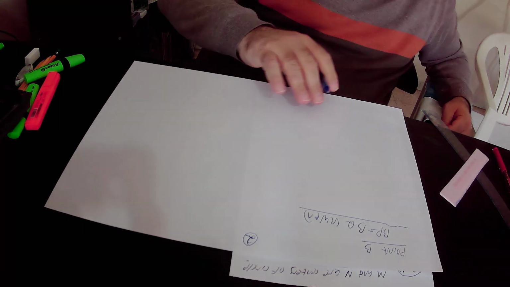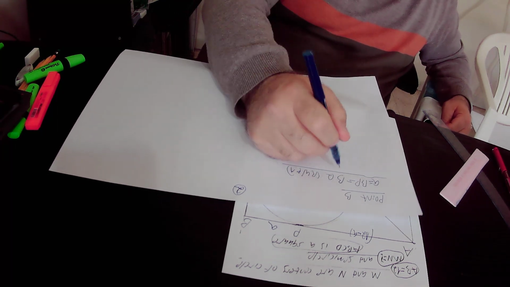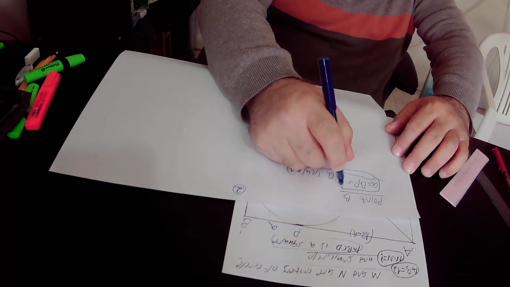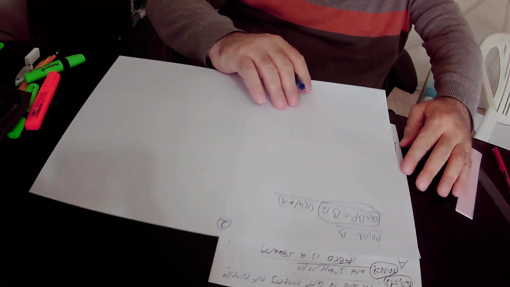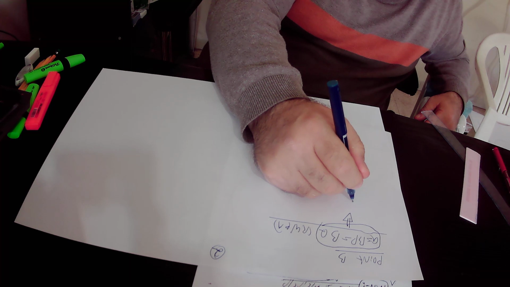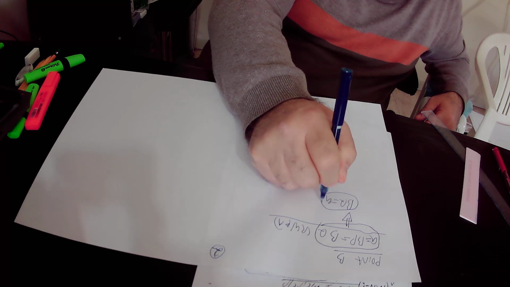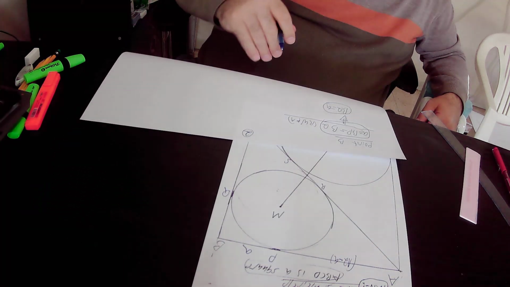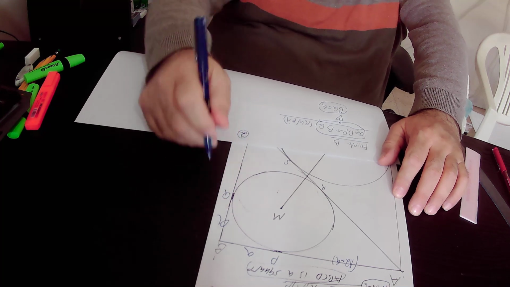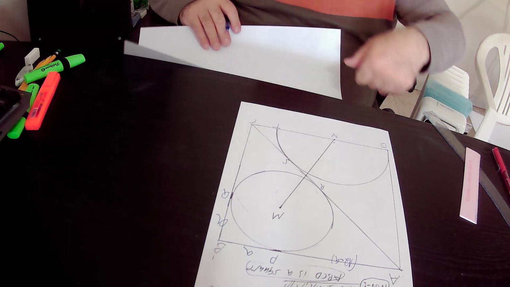But according to our definition, BP is equal to A. So from this equation, A equals BP equals BQ, we conclude that BQ is also equal to A. So we can write here that BQ is equal to A. And what is the value of QC?